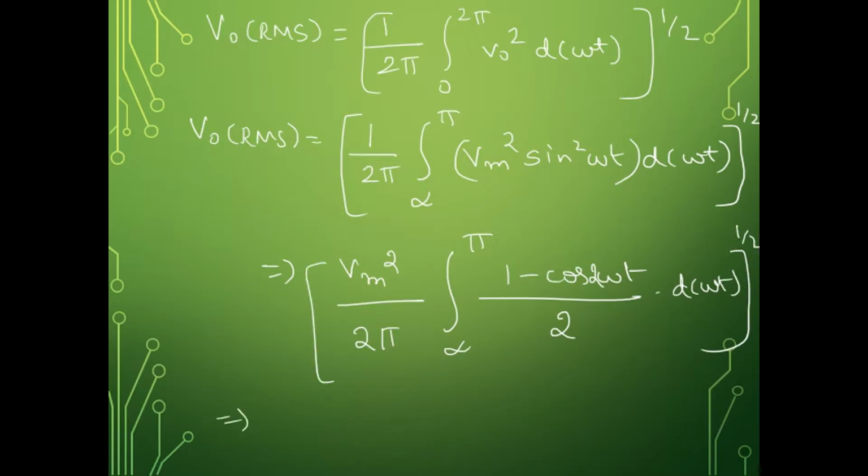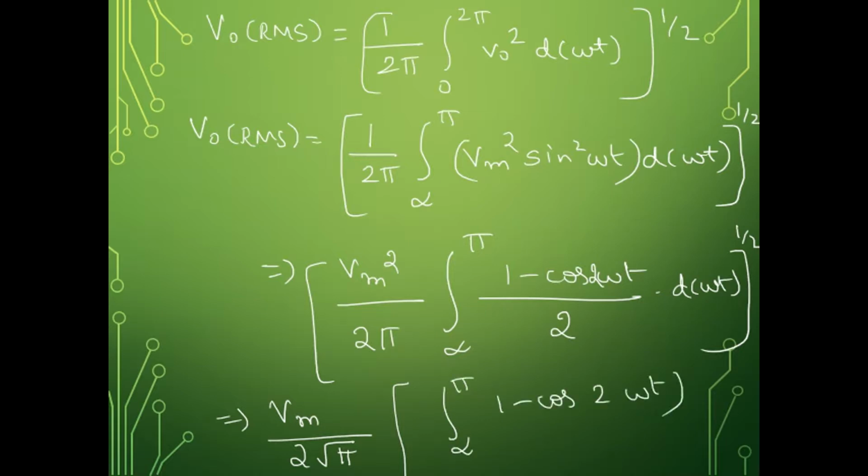So if I take the root outside, the denominator 2 into 2 is 4 pi. If I take the root, it becomes Vm by 2 root pi, and the remaining thing is the integral alpha to pi 1 minus cos 2 omega t d omega t, within the root.